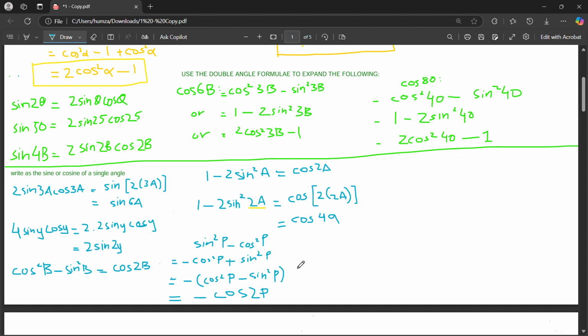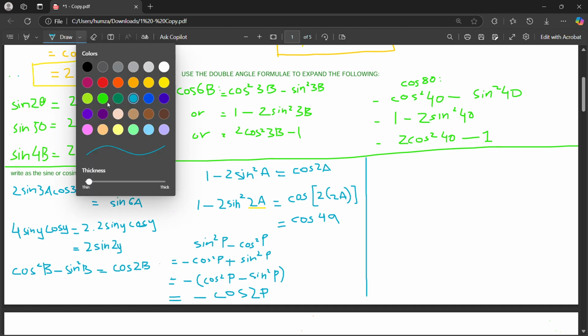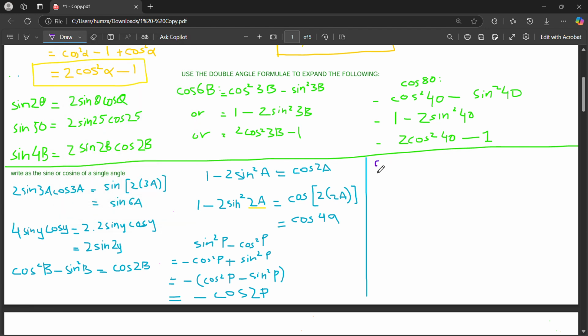Now they can ask you to simplify as well in the exam, right? So for example, they can give you something like cos squared 75 minus your sin squared 75, and the question says simplify without using the calculator.